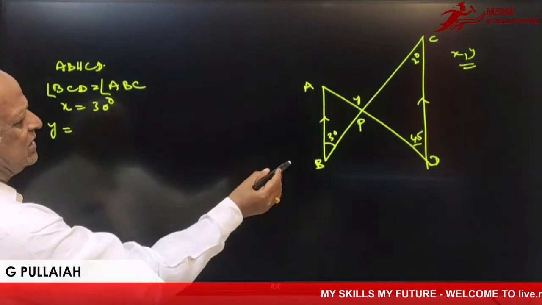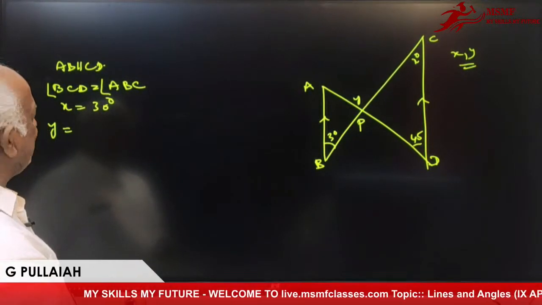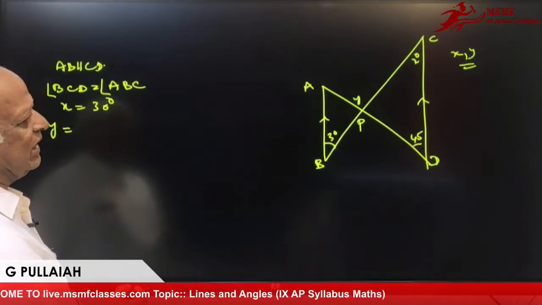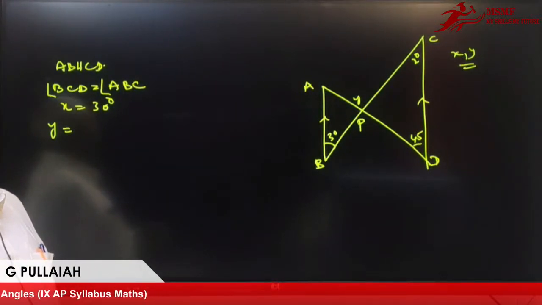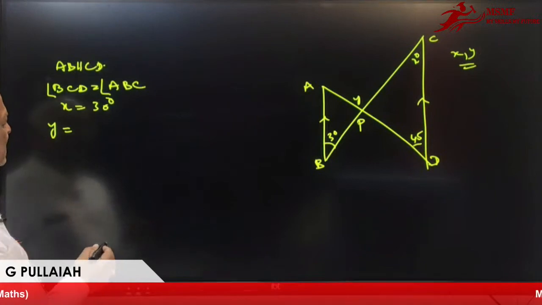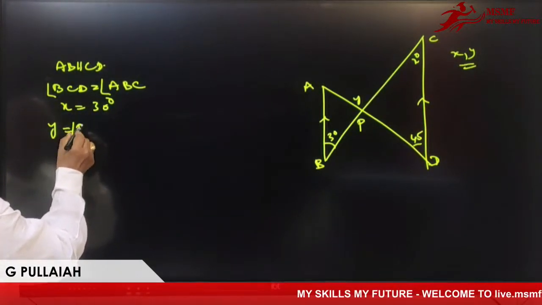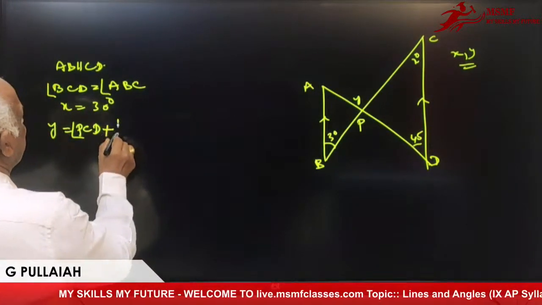In triangle PCD, y is the exterior angle, and this exterior angle is equal to the sum of the two interior opposite angles. That is angle PCD plus angle PDC.